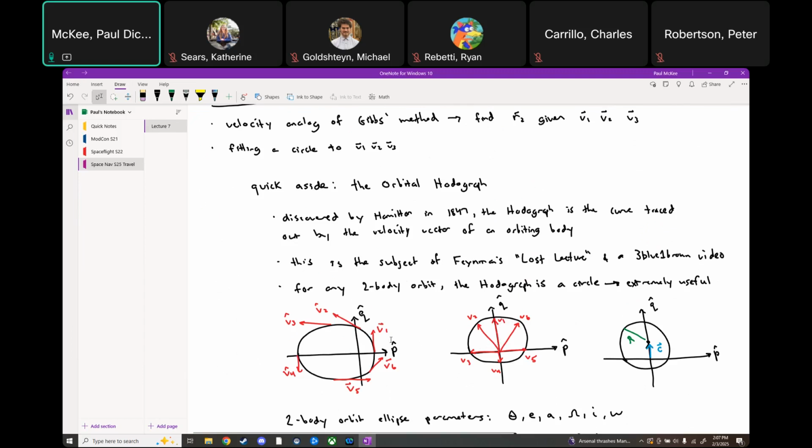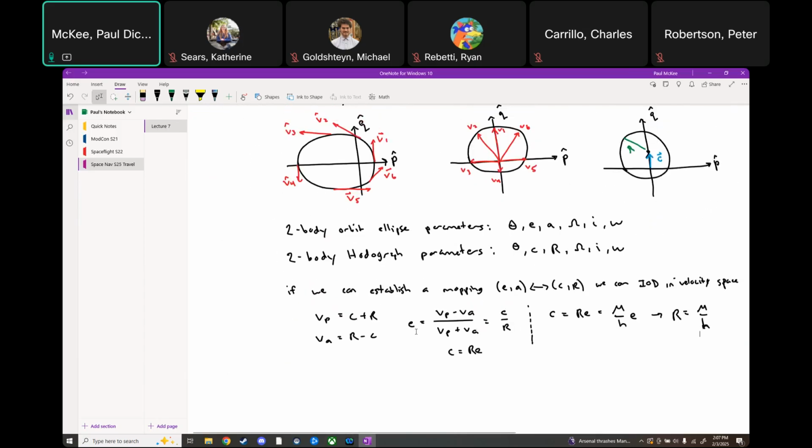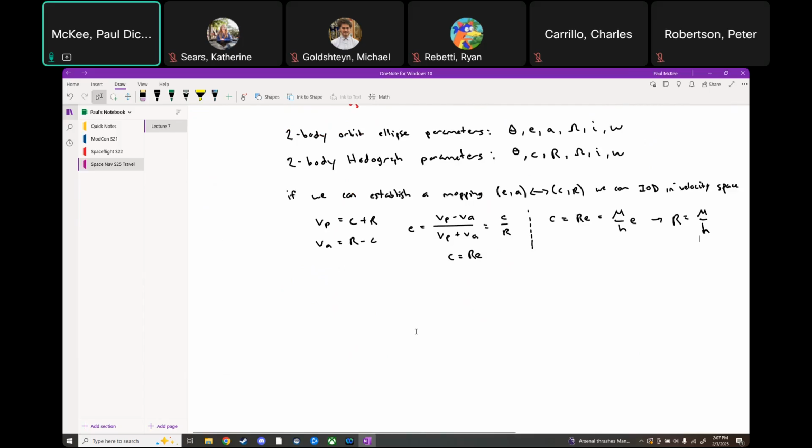I was going to draw a picture of that, but this is not a hodograph lecture. This is an IOD lecture. We can always go back and talk about the hodograph in more depth later. So back to velocity IOD.